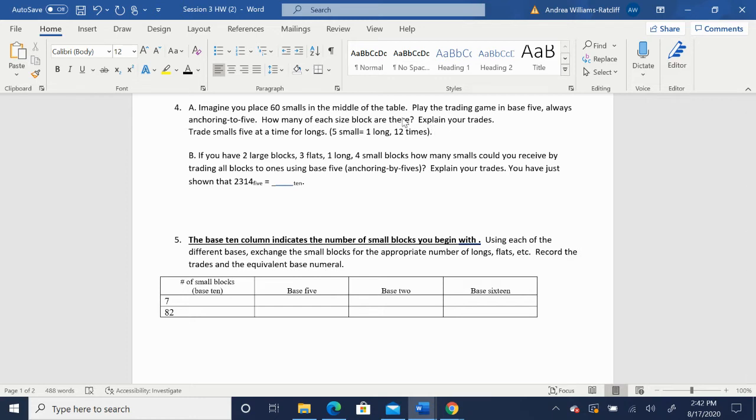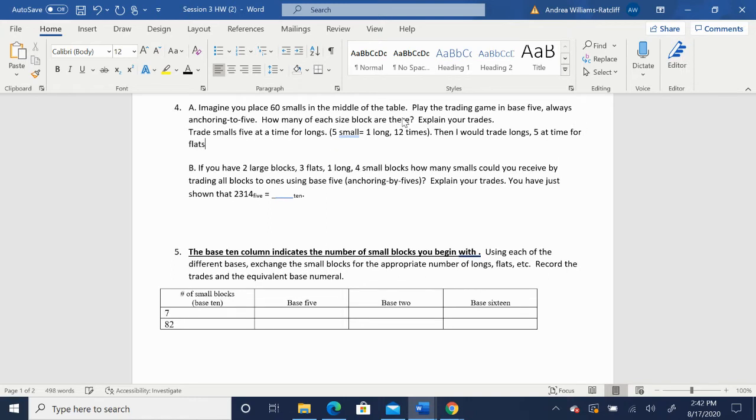Now then what I would do, I would trade longs 5 at a time for flats, or 25s in this case.